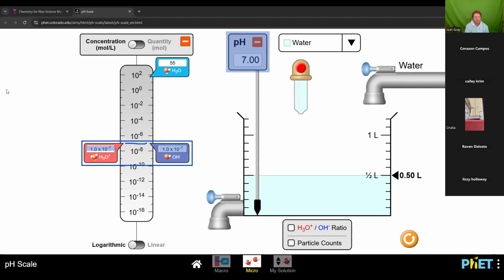Maybe you've heard this term before, but if you spill an acid on the ground, what do you do with it? I mean, you could wipe it up, sure, but is there a chemical term that maybe you've heard before, starts with an N, that you're going to want to do to treat that acid?